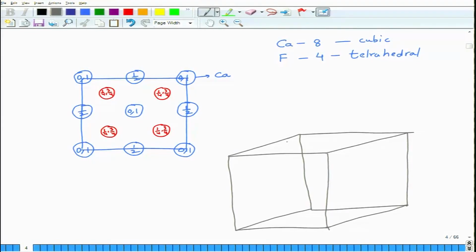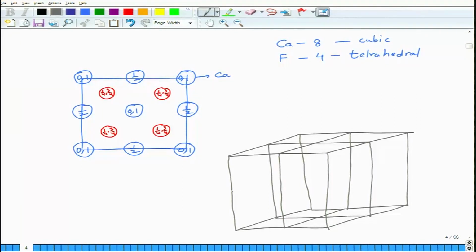Let us say I make these unit cells, and we need to create a division in the middle as well.